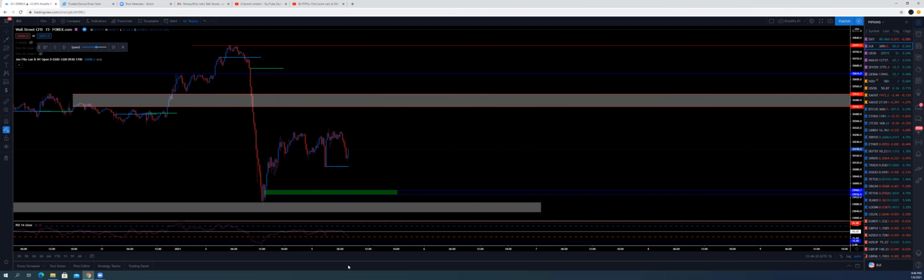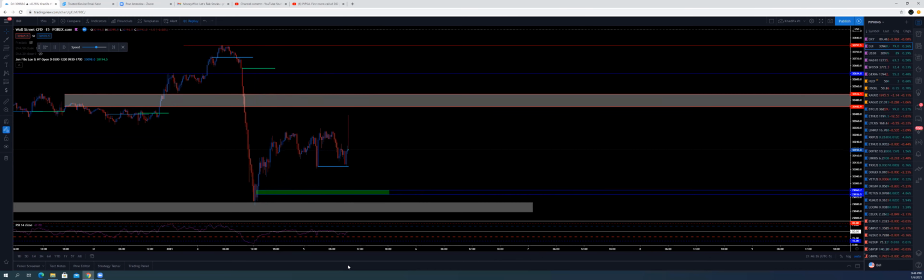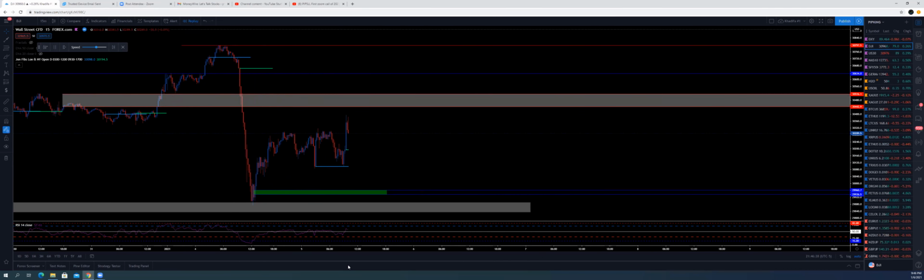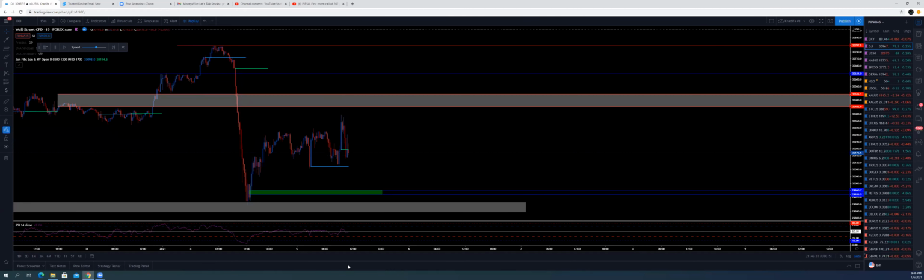That blue line is London open. Pay attention. That green line is New York open. Pay attention.